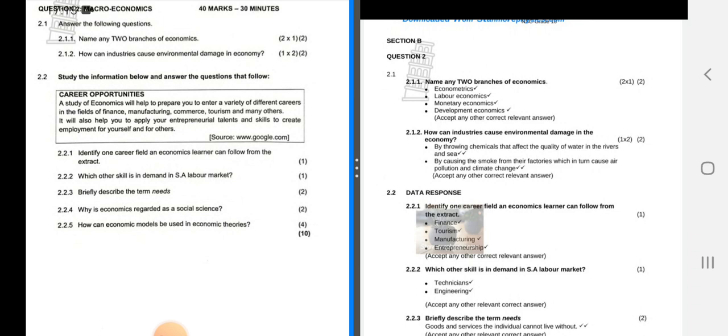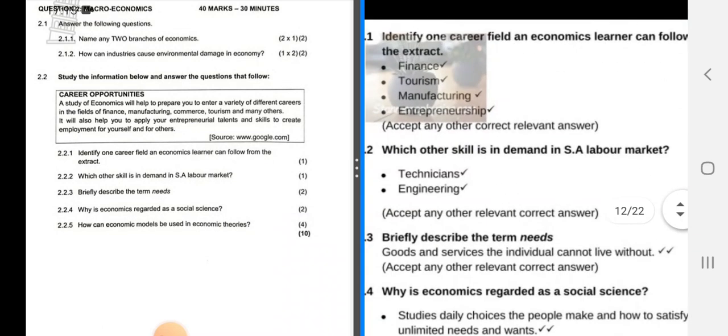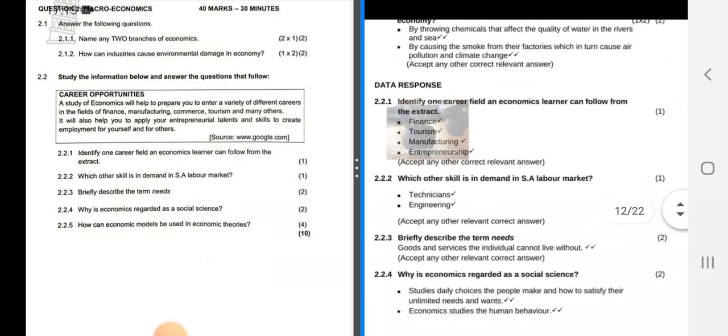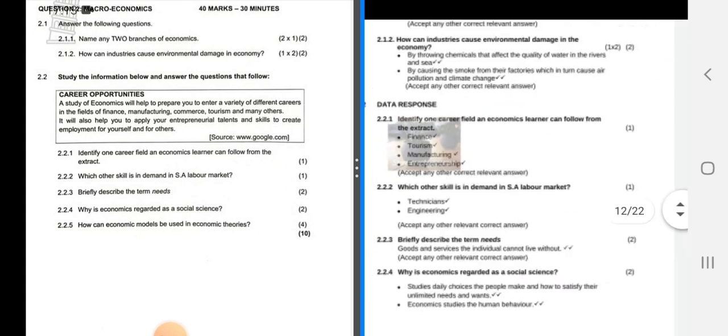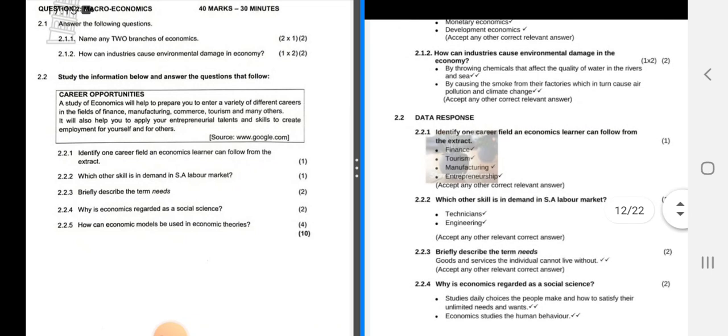So you must identify one career that an economics learner can follow. It's either finance, manufacturing, commerce, or tourism, according to the scenario. Okay, so you choose any of those. As you can see there, you choose any of those: finance, tourism, manufacturing, and entrepreneurship.